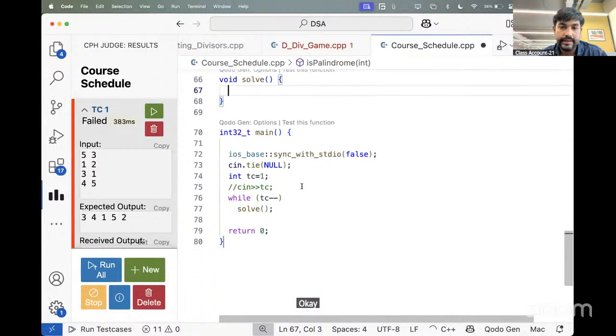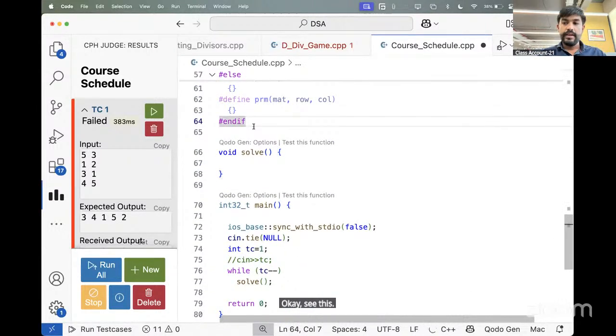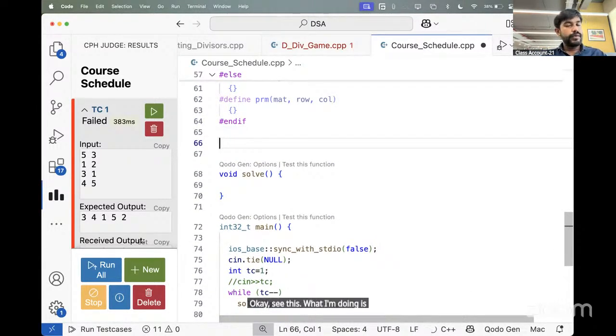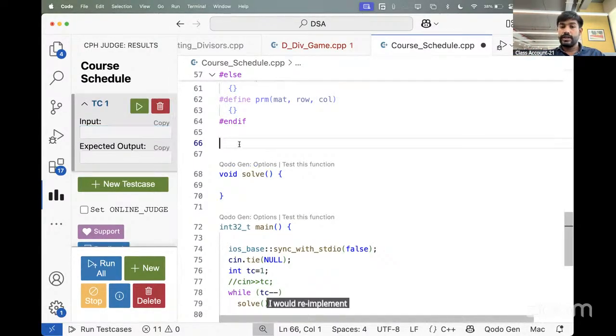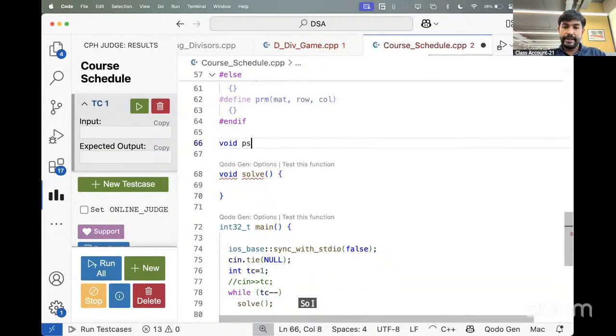See this. Even if you don't understand, I would re-implement the code. No issues. So I would name it prime sieve.